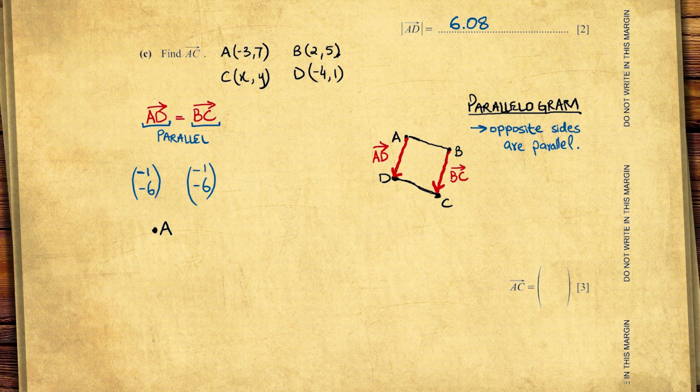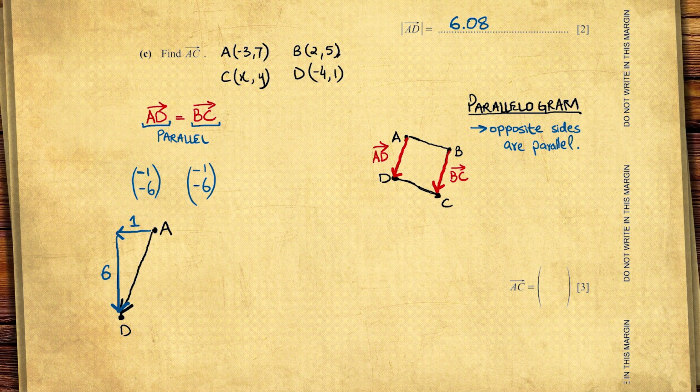So this is point A and this is point D. And the vector AD goes from point A to D. And when it goes from point A to D, it moves 1 unit to the left. That is what -1 means. And it moves 6 units downwards. And that is what -6 means.